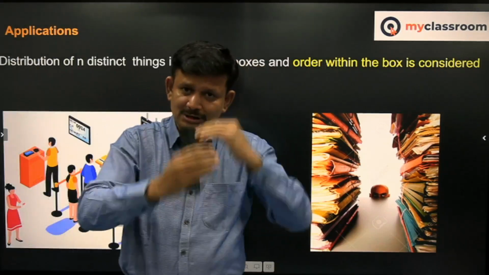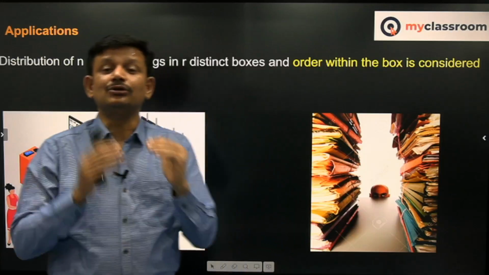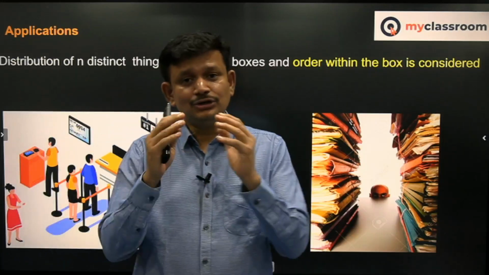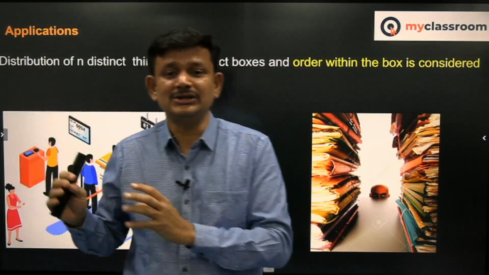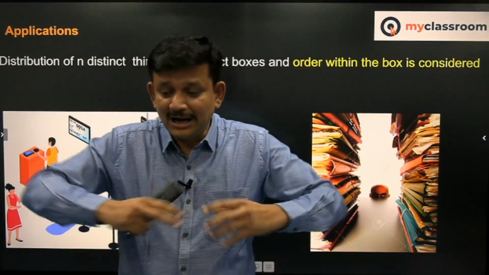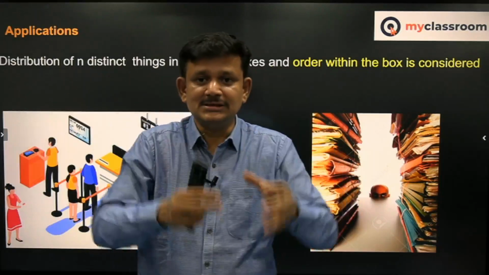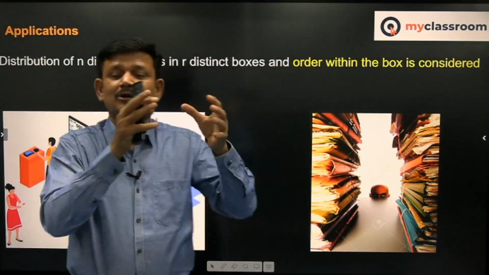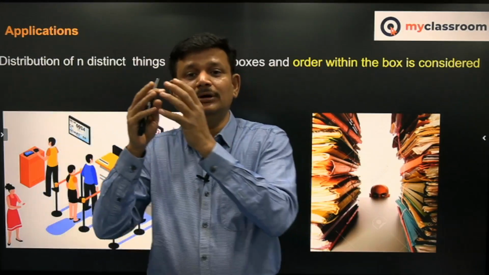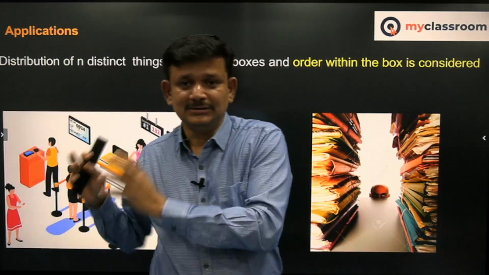The order in which the books are placed will also become important. So in how many ways can it be done? 20 factorial into 20 plus 3 minus 1 C 3 minus 1, if it can be at most 3 piles. If it has to be exactly 3 piles, that is, empty is not allowed, then it will become 20 factorial into 20 minus 1 C 3 minus 1.